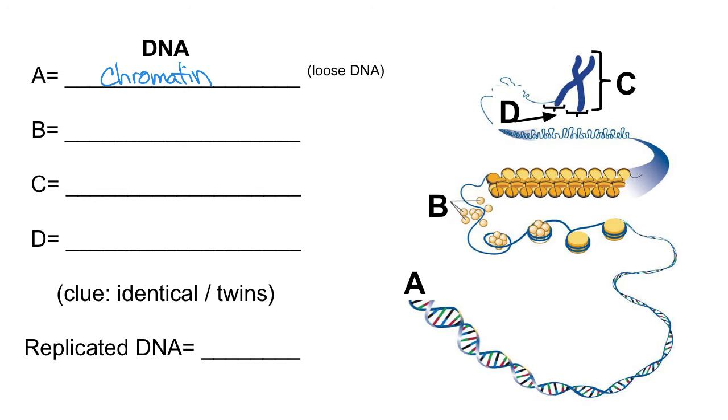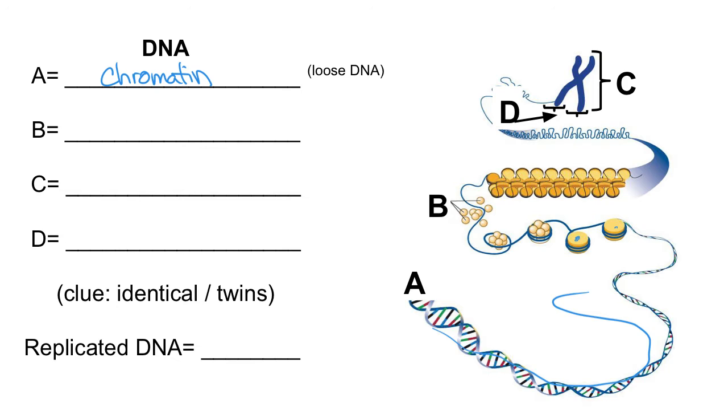It's not organized. It's just sprawled out like spaghetti, anywhere in the nucleus of a cell. But as the need presents itself, as a cell gets ready to do cell division, the DNA automatically starts winding around these cores. It looks almost like a spool of DNA, and that's what it is.